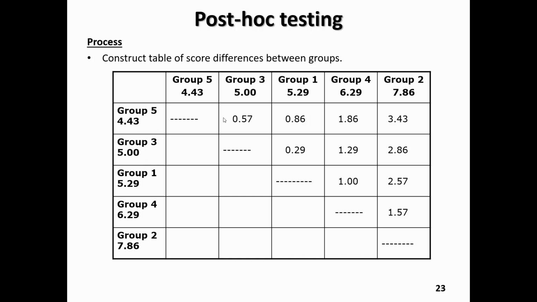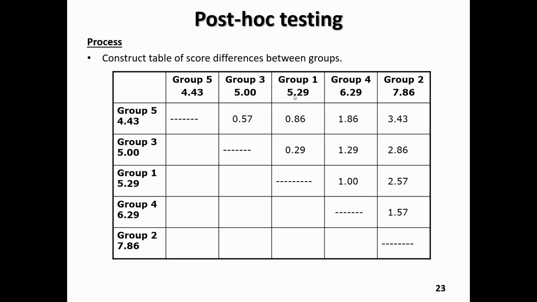Now, what we do inside the cells is we just take the absolute value of the difference. So what we did here with group 3, 5 subtract 4.43 is 0.57. So the order of the subtraction doesn't matter here. Even if we get a negative, we just put the absolute value inside the cells.